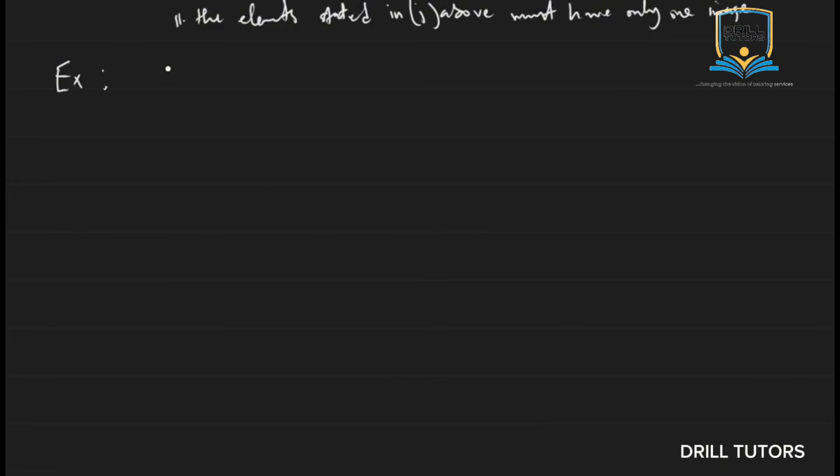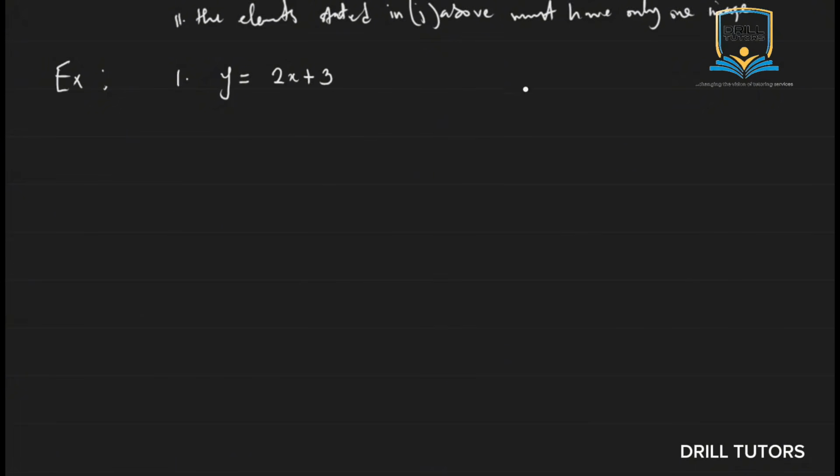Now, let's say the first rule I want to consider is y being equal to 2x plus 3. If y is equal to 2x plus 3, then I want to define a function here.